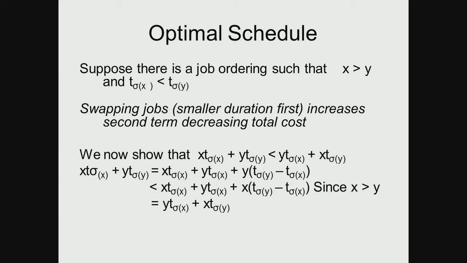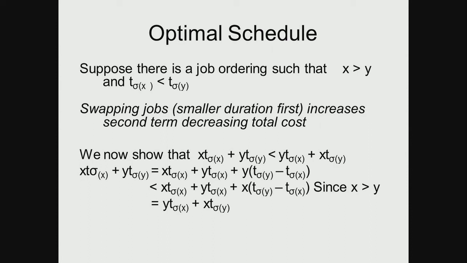In other words, sigma of y is scheduled later than sigma of x, but the processing time of sigma of y is larger than the processing time of sigma of x.